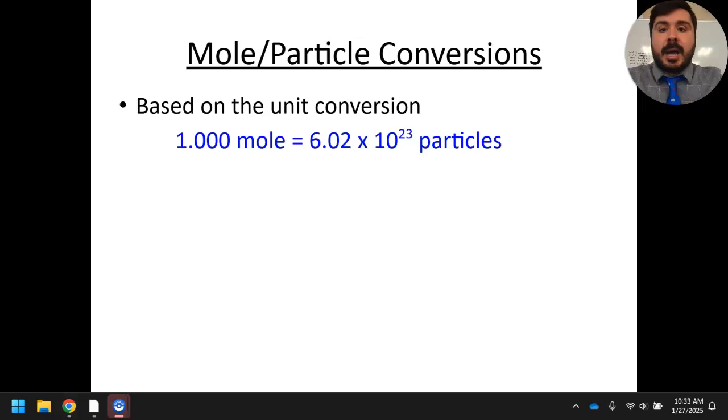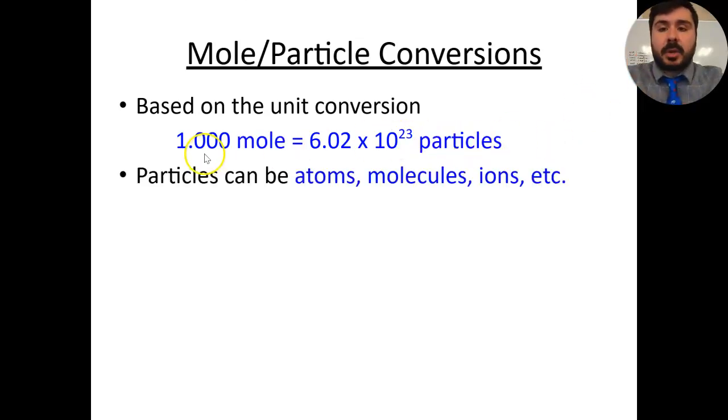Obviously, if I had 1 set equal to 6.02 times 10 to the 23rd, and I'm going to try my best to get rid of this word here, mole, then these 2 numbers are not the same. 1 is very much different than the number 6.02 times 10 to the 23rd. Those are 2 totally different numbers. They're not equal to each other, all right? But the way that we get them equal to each other is by having the word mole and the word particles in this unit equality, right?